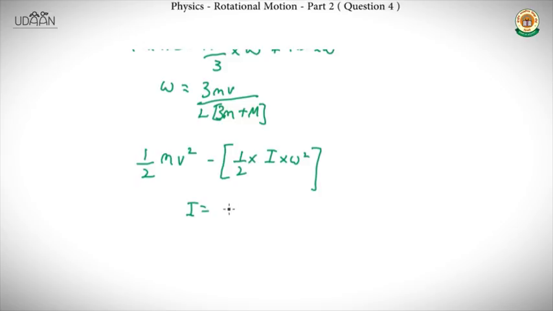So this will be simply mL square by 3, which is the moment of inertia of the rod about point O, plus the moment of inertia of the bullet about point O, which will be mL square. Very simple concept. We know the moment of inertia now, we know the omega, we know all the values, so we can find the energy loss in this entire process.